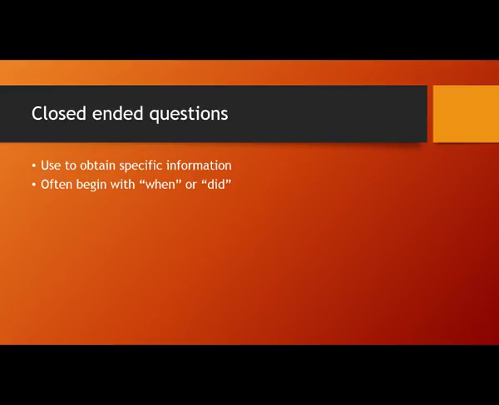Closed-ended questions are used to obtain specific information, and they often begin with when or did, like, do you smoke? Yes or no? And if they say no, did you ever smoke? And no. And then the only other thing to ask is, are you exposed to secondhand smoke?